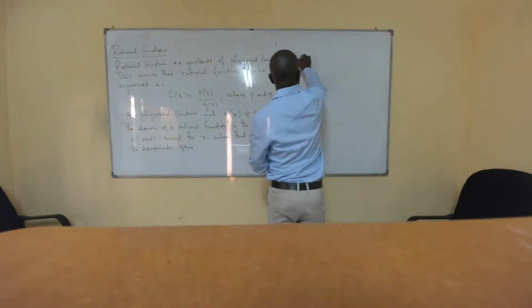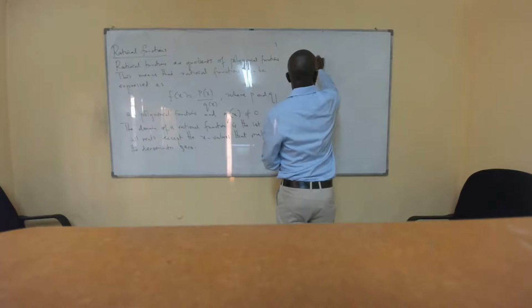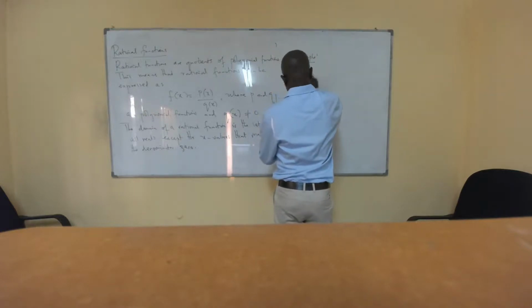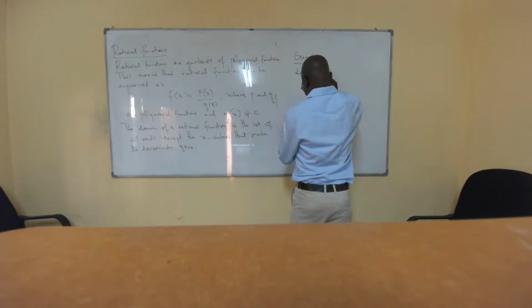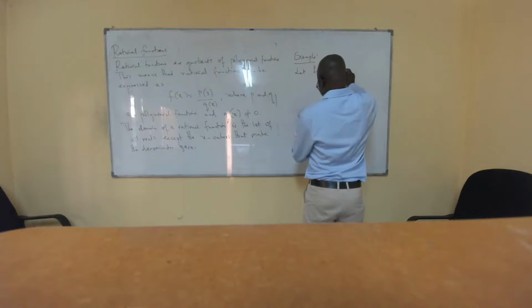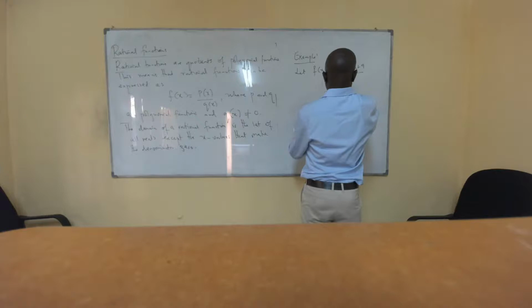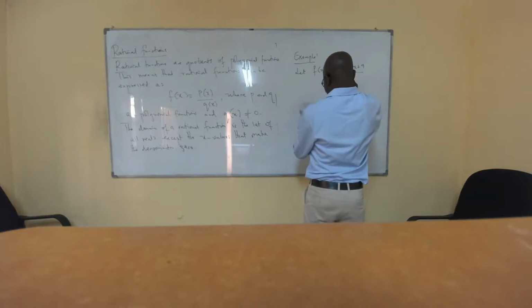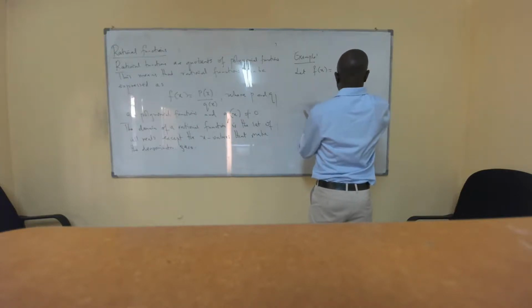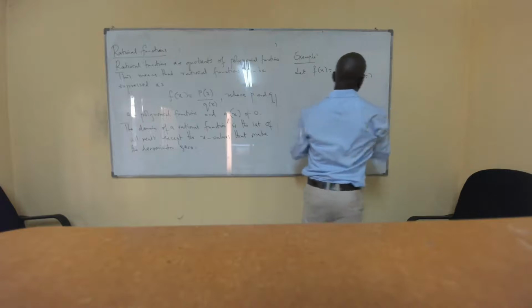Example: let f be a rational function, we have a polynomial sitting there over a denominator that is factored into linear factors, which is also a polynomial.